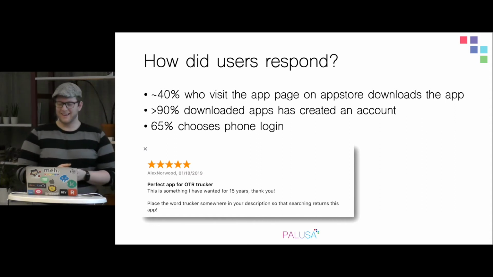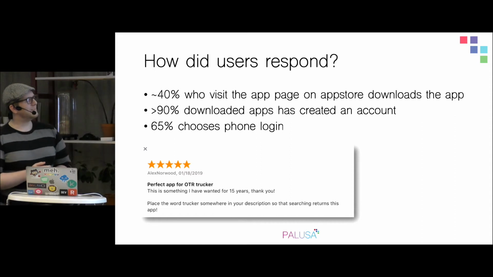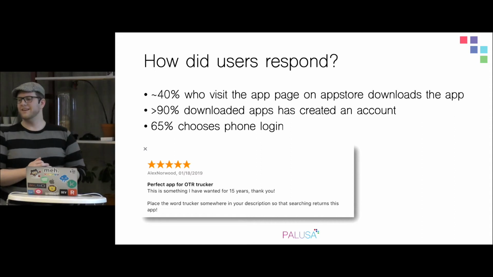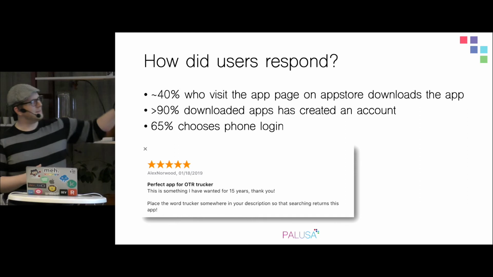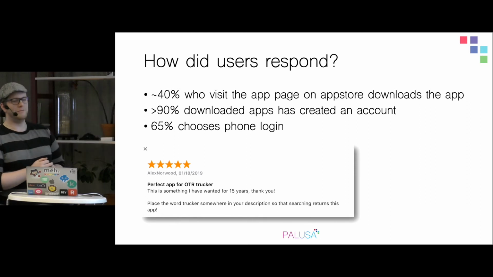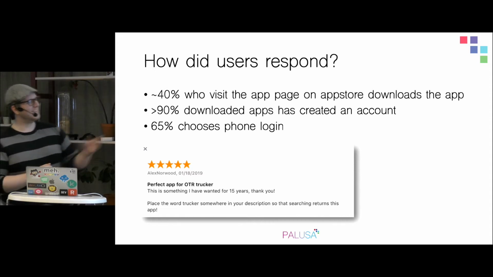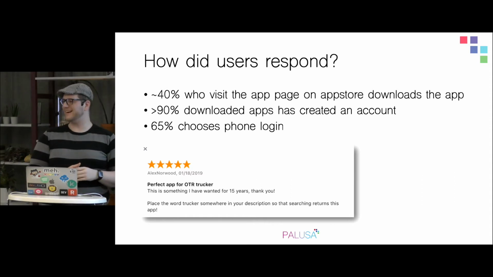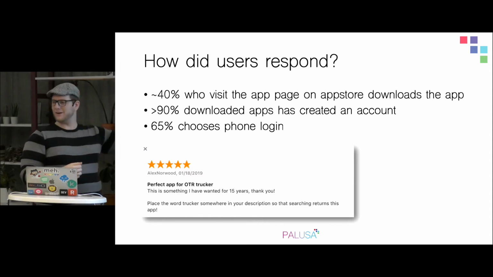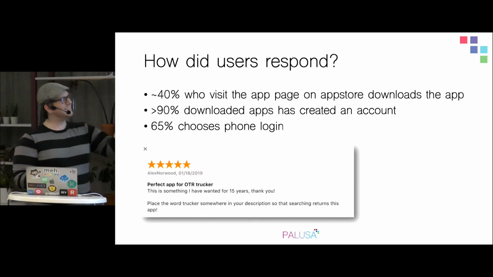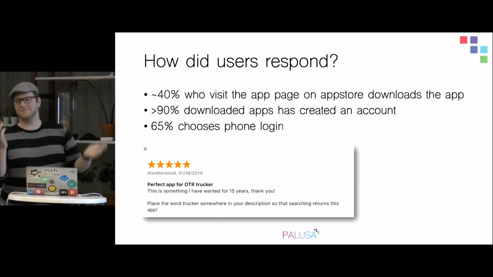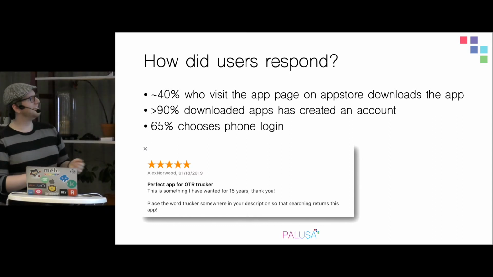And it's kind of funny when you start getting reviews, how you can see that you can niche your app very much. I had to look up what an OTR trucker was. He's been waiting for 15 years, and I started talking about how Google already has this, so I don't think he looked that much into it.